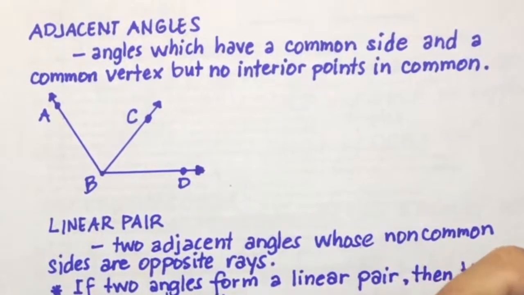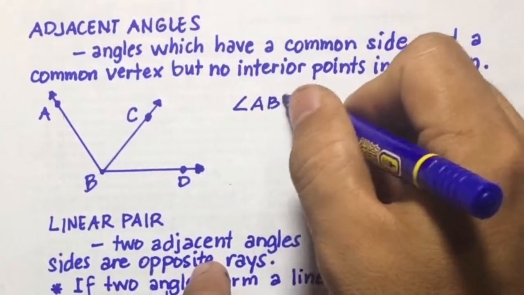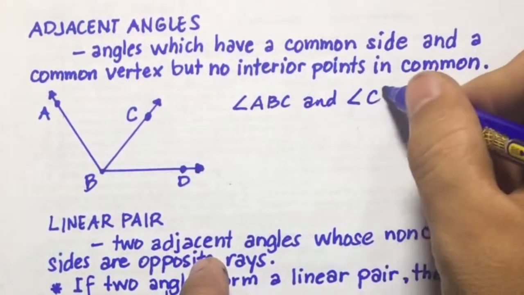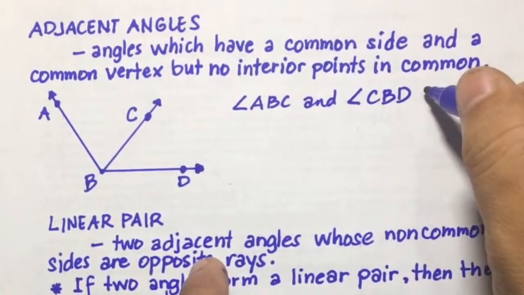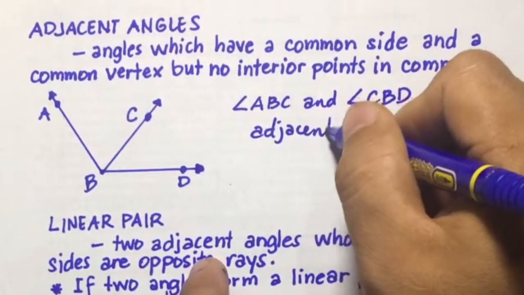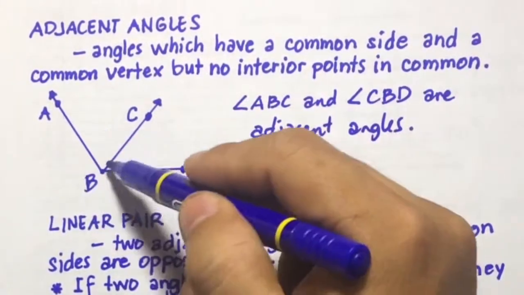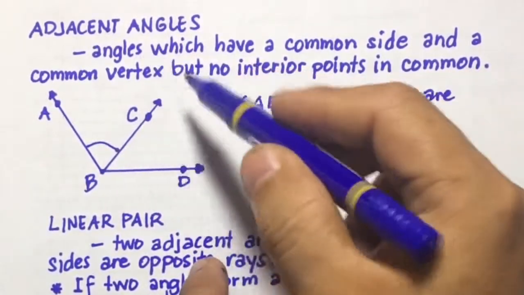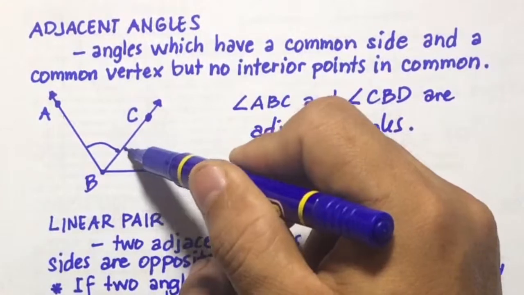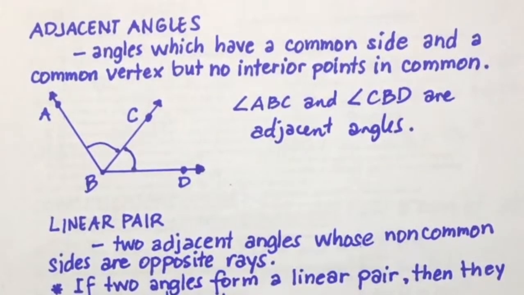So in this figure, we can say that angle ABC and angle CBD are adjacent angles. So ABC, this angle here, and angle CBD, this angle here, are adjacent angles.